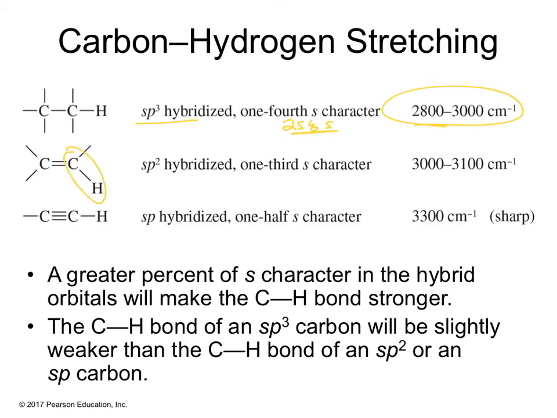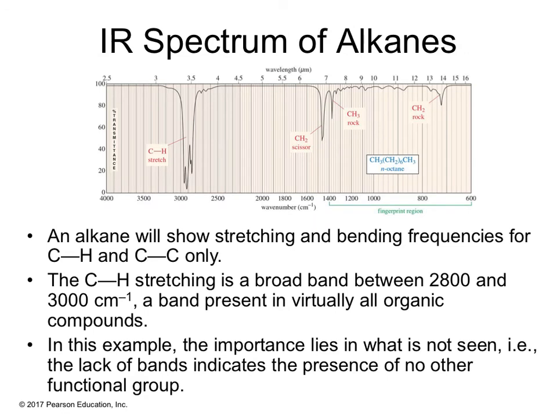If you have this CH with about 33% s character, it's going to go to higher frequency, and this CH bond is 50% s character, and it's going to show up at 3300. Okay, so once again, we're not worried about the fingerprint. This is alkanes. So we just have this here, the CH is an sp3 CH carbon.